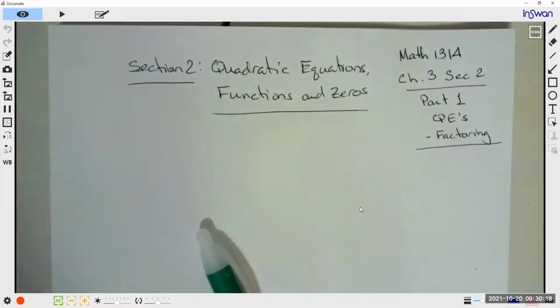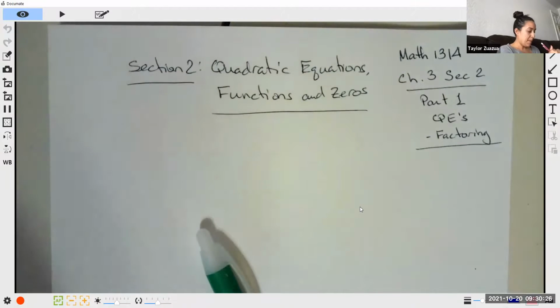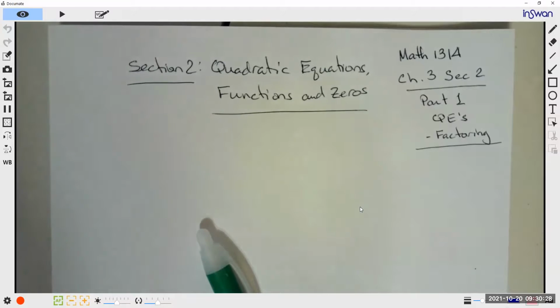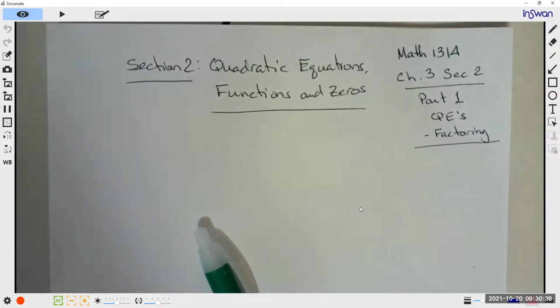Excellent, excellent. Okay, this next section we're going to do in 3 parts. Well, actually, maybe 2, but definitely 3. Reason being, when you solve quadratic equations, there are 3 predominant ways of solving them.